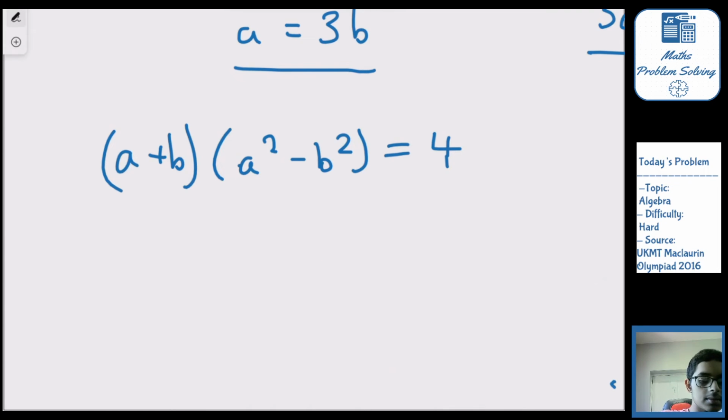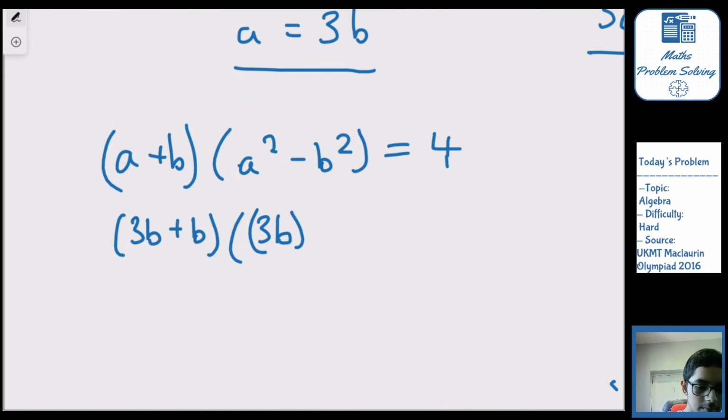So let's just start by working with a equals 3b. So then we can write this as 3b plus b times 3b all squared minus b squared equals 4.